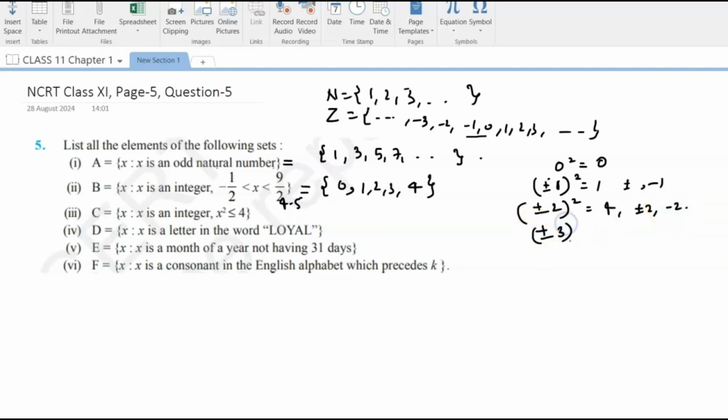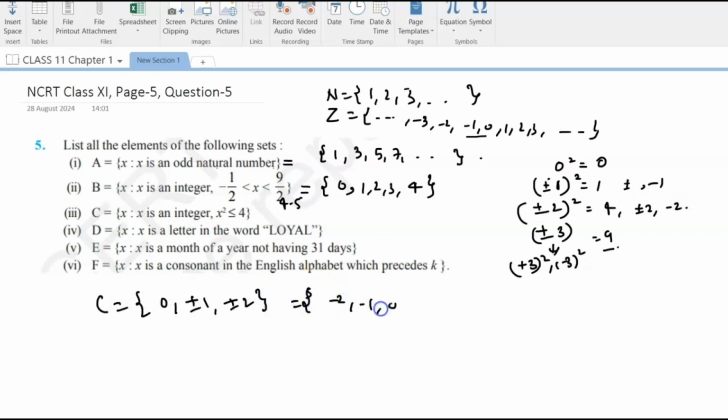Now plus minus 3. I am writing plus minus 3, it means I am saying both together, plus 3 and minus 3. This is 9, so it is not less than. So the elements of this set C would be 0, plus minus 1, plus minus 2. Or you can also write minus 2, minus 1, 0, 1.